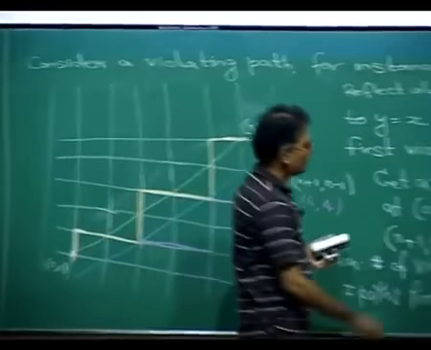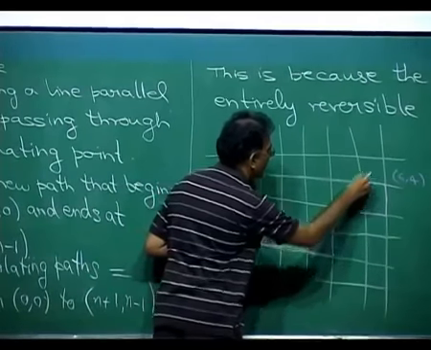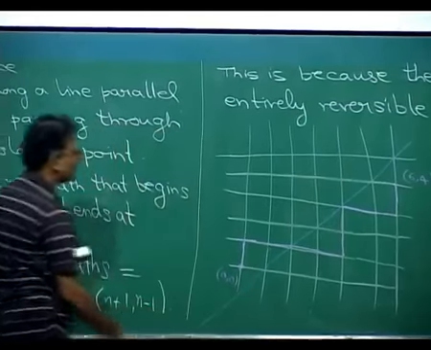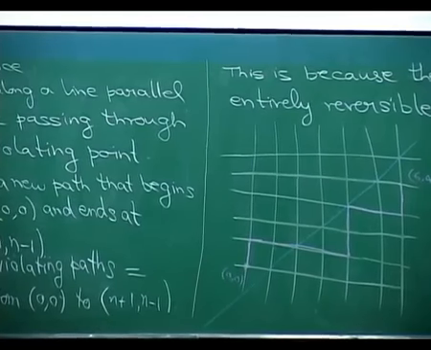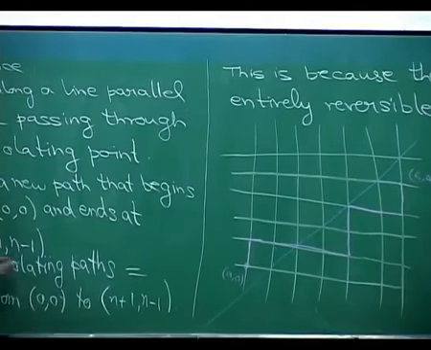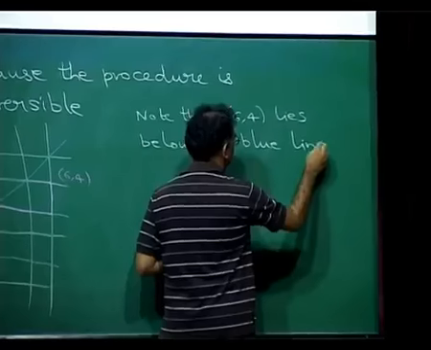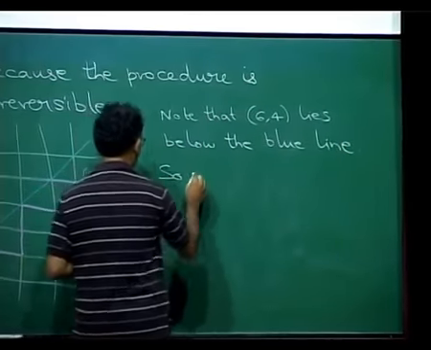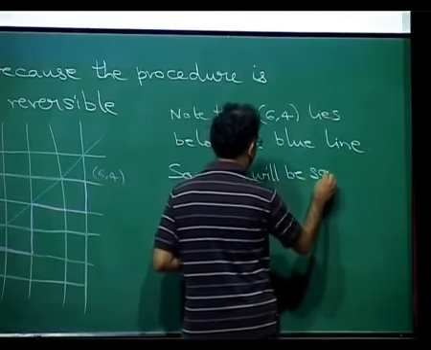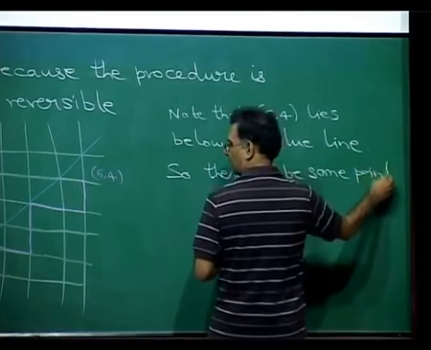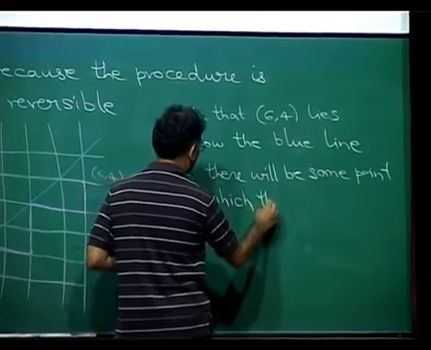So the point 6, 4 lies below the blue line. That is, the point n plus 1, n minus 1 will always lie below that line. So once we observe that, it follows that there will be some point at which the blue line is crossed.